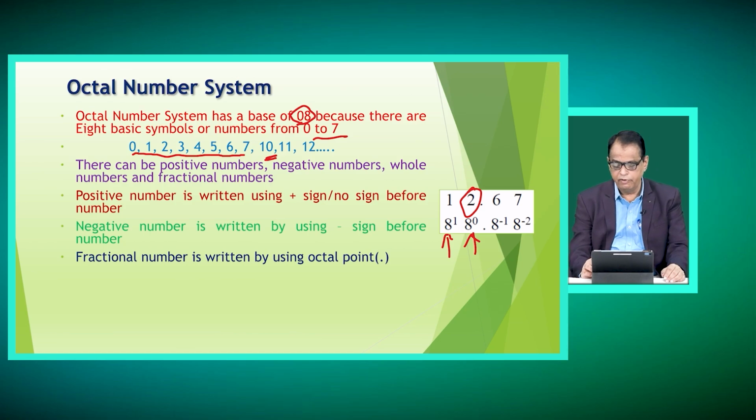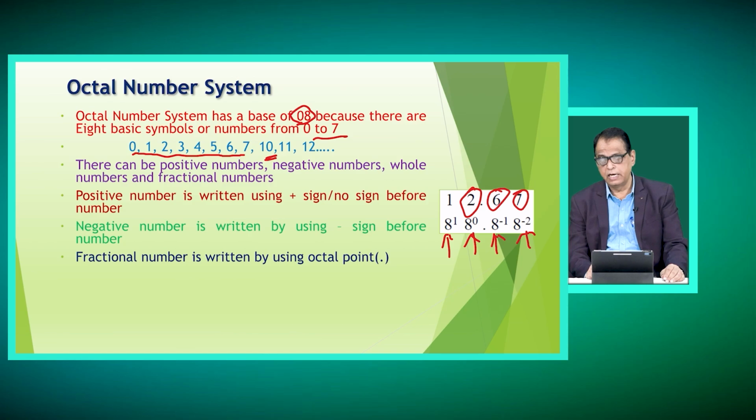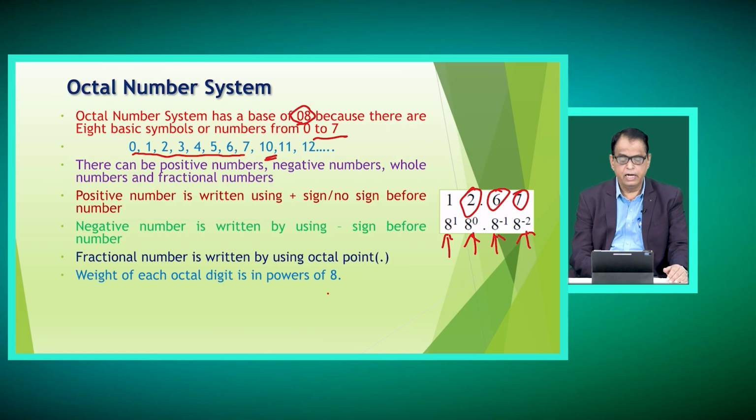This 6 has a weight of 8 to the power minus 1, and this 7 has a weight of 8 to the power minus 2. So you will find that there is a decrease in the weight to the right hand side, and an increase in the weight to the left hand side. And every weight is represented in powers of 8. So in decimal, the weight is in the powers of 10, in binary the weight is in the powers of 2, in octal the weight is in the powers of 8.